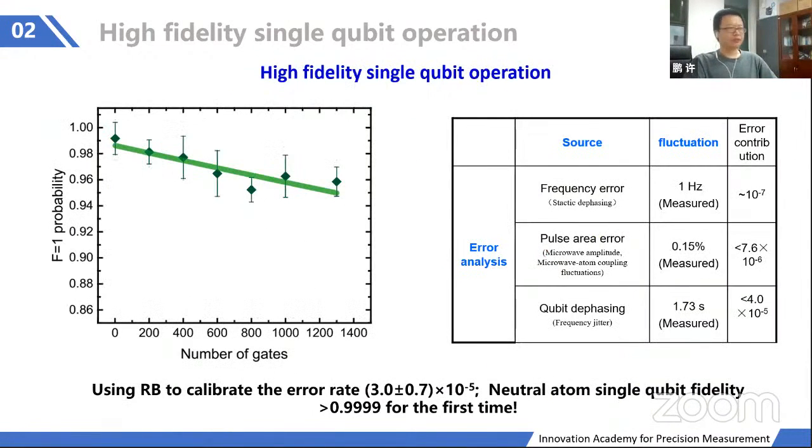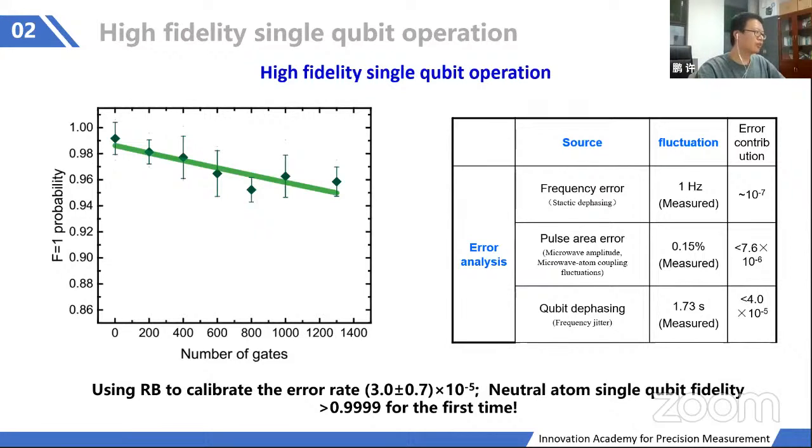In this situation, it is possible to have a single qubit operation fidelity better than 0.99. We use the microwave and randomized benchmarking to calibrate the single qubit operation.